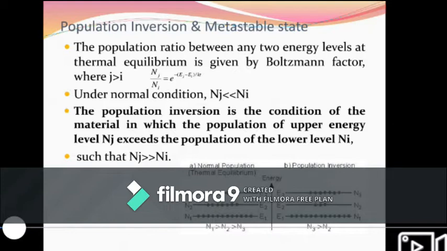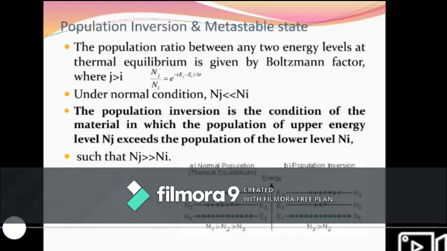Now I told you that in a system there will be billions of atoms. You cannot count them as 1, 2, 3, 4. Therefore, the distribution of atoms in the various energy levels is described probabilistically by the Boltzmann factor. Here Nj is the number of atoms in the upper level and Ni is the number of atoms in the lower ith level.